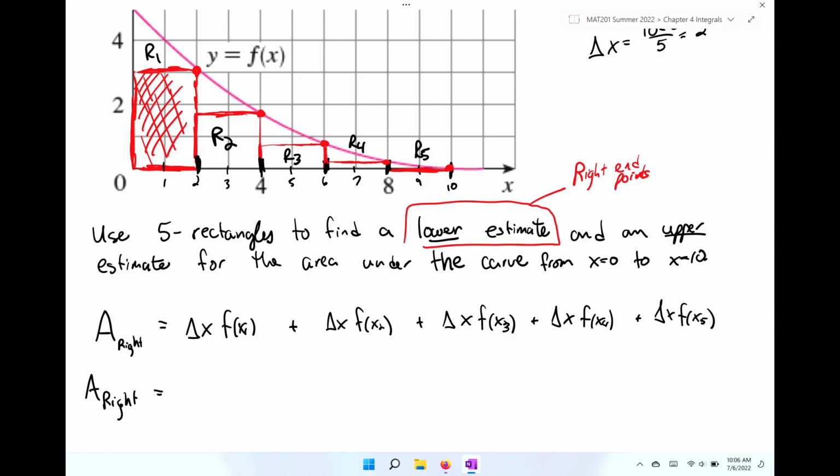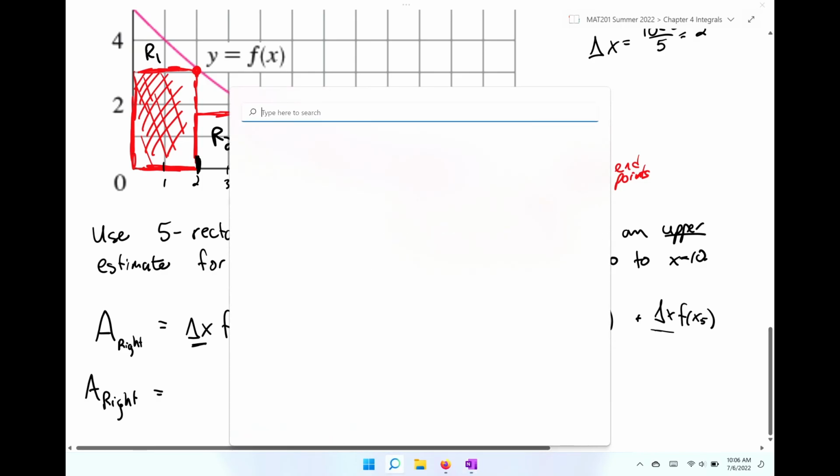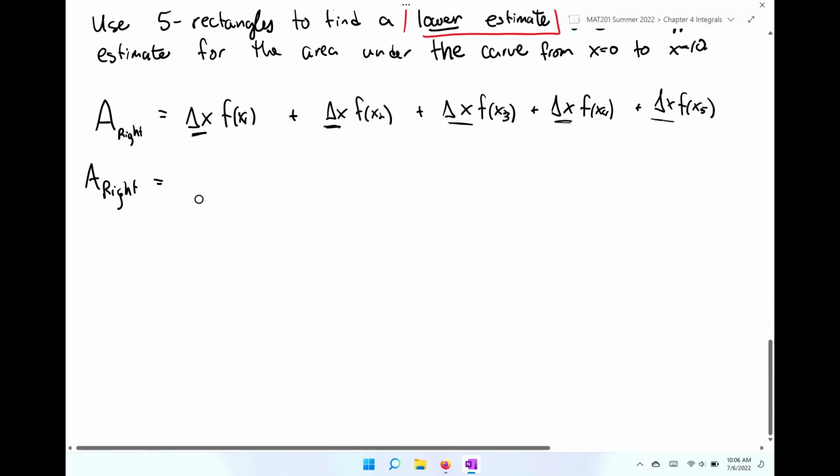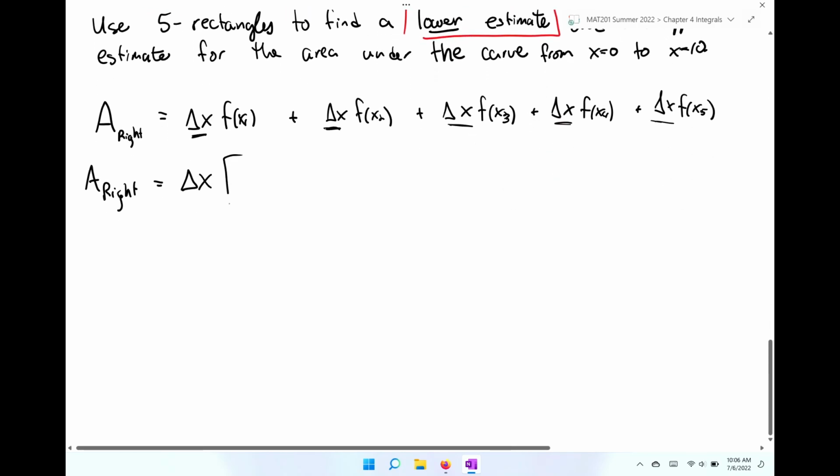So anyways, if you notice here, every single one of these terms has a delta x in common. So I'm just going to go ahead and factor out my delta x.